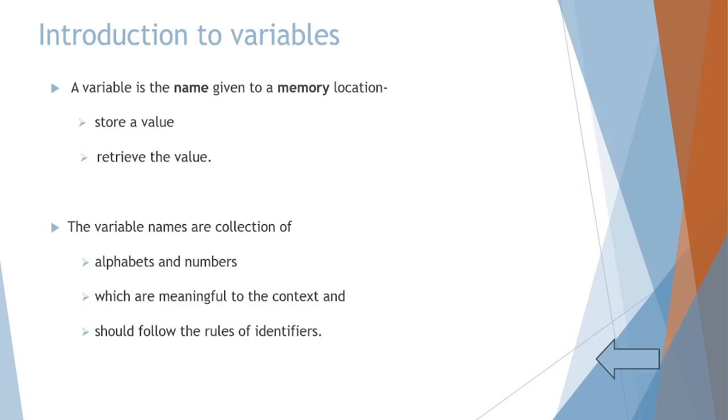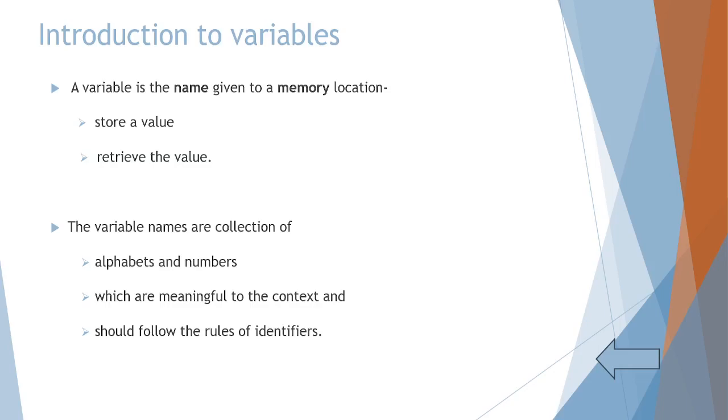Similarly, computers are also made in such a way that we can store values in a particular memory location by giving a name. And whenever a programmer requires that value, he or she can retrieve the value. So, a variable is the name given to a memory location. Now, the variable names can be a collection of alphabets and numbers, which are meaningful to the context.